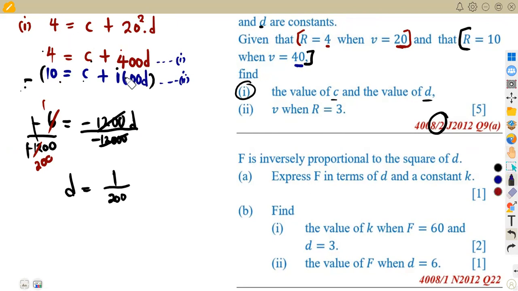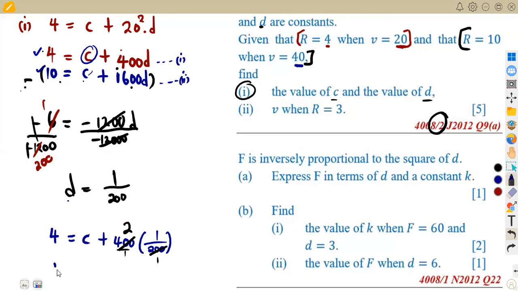You are going to choose any of these two equations. I'm going to substitute into the first equation. 4 is equal to C, which I'm supposed to calculate this time, plus 400 D. So it's going to be 400 times D, and I obtained D here, which is 1/200. If we multiply here, this is the same as over 1, so 200 into 400 is 2.